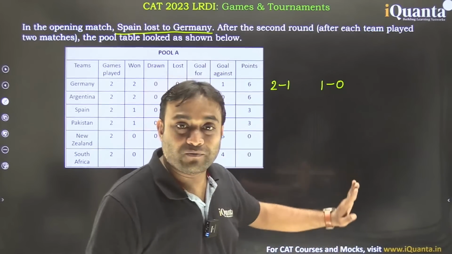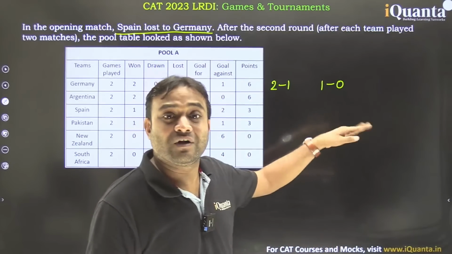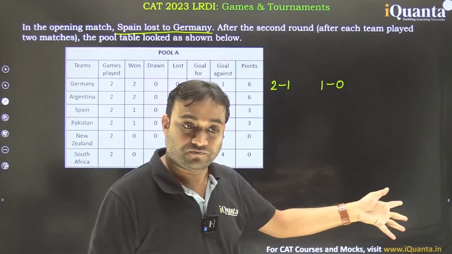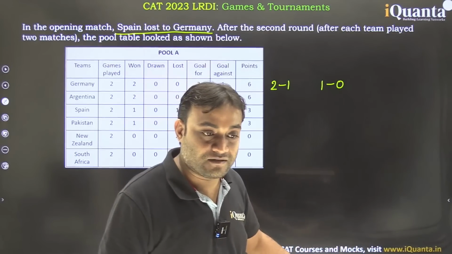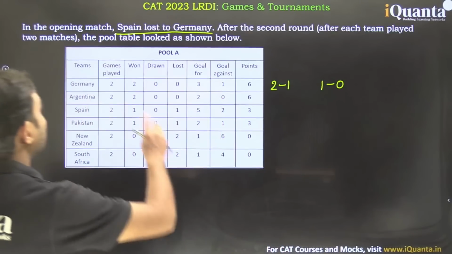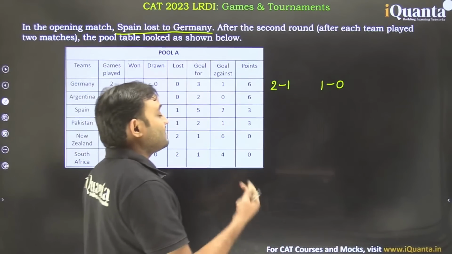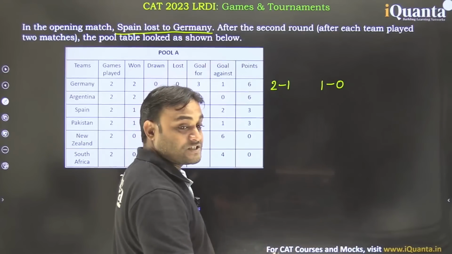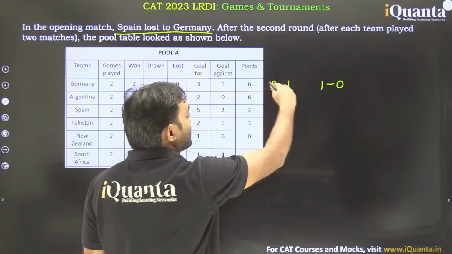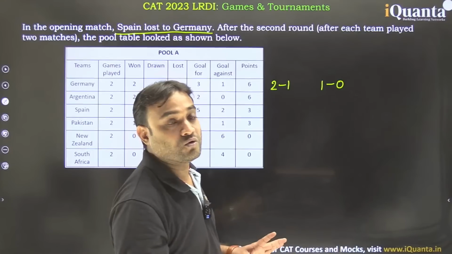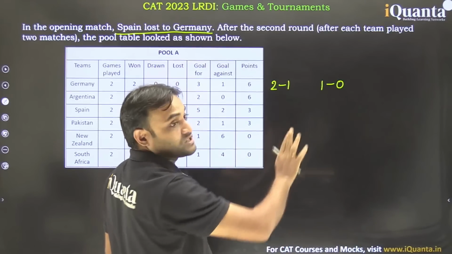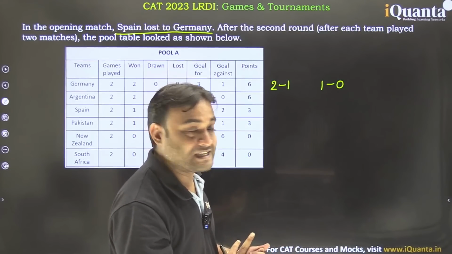The score line of one match would be 2-1 and the score line of the other match would be 1-0. There is no other possibility, right? Now, Spain lost to Germany. The match Germany versus Spain could have the outcome 2-1 or 1-0. Now we don't know whether it's 2-1 or 1-0, so we will have to consider both the cases here.